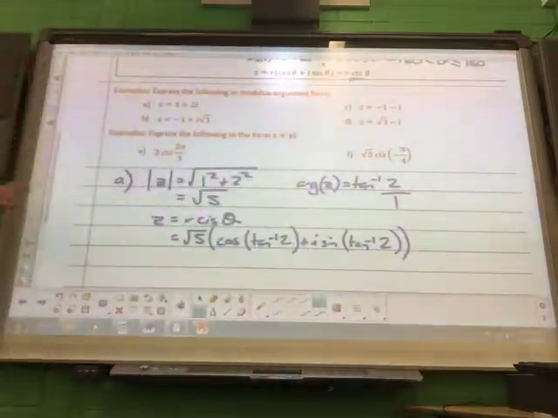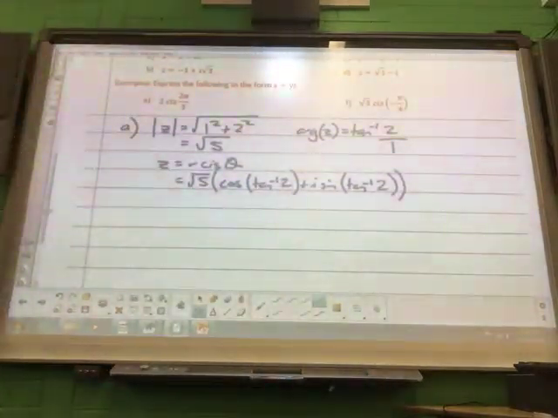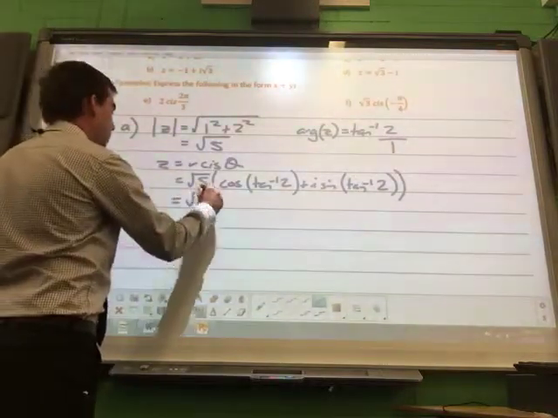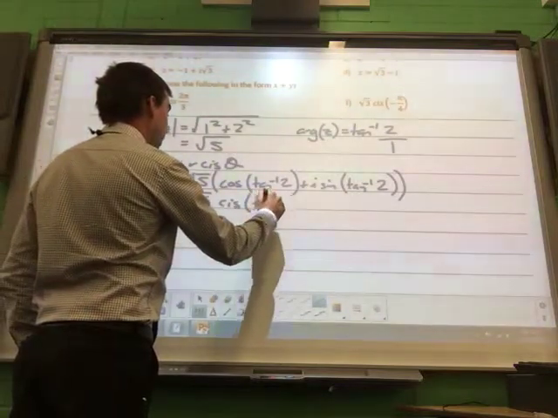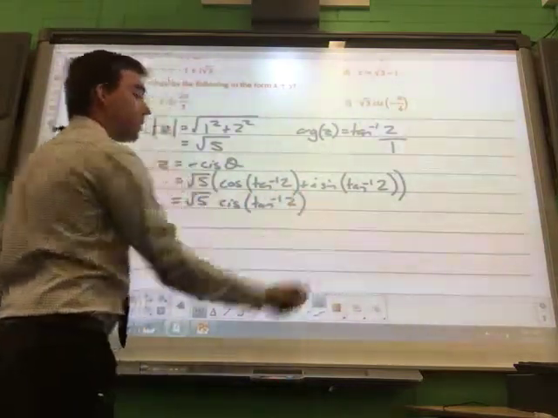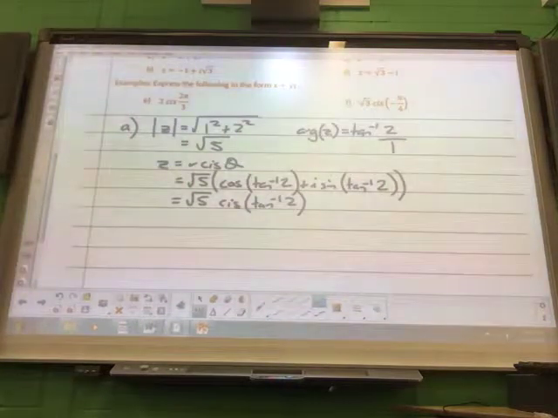That's why we use the cis notation, so we don't have to write cos theta plus i sine theta. We can write that as cis theta. So cis theta is cos theta plus i sine theta.